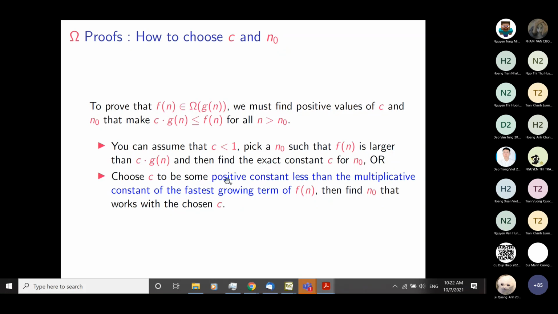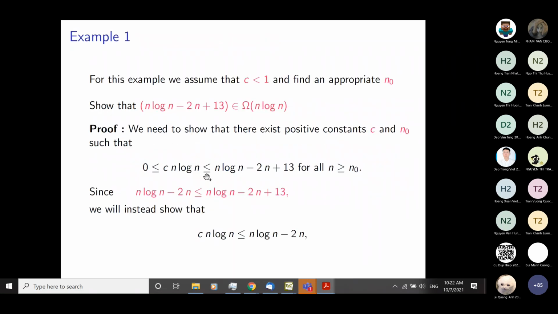Or we can select a positive constant that is smaller than the dominant term, but then we need to worry about the negative term. So let's look at this case where we assume that c is smaller than 1, and we try to find some n0 and some c for which this condition is satisfied.